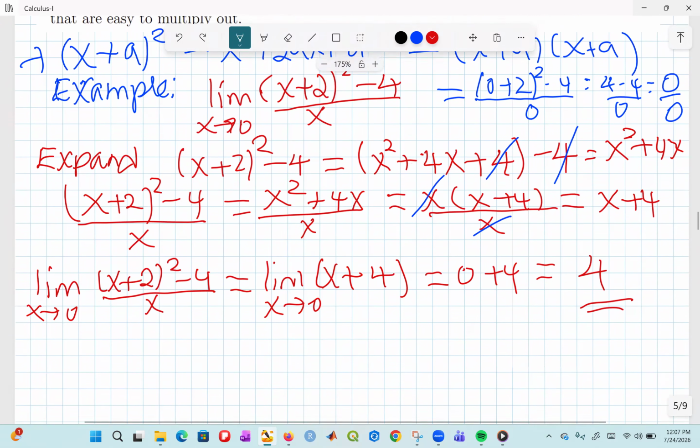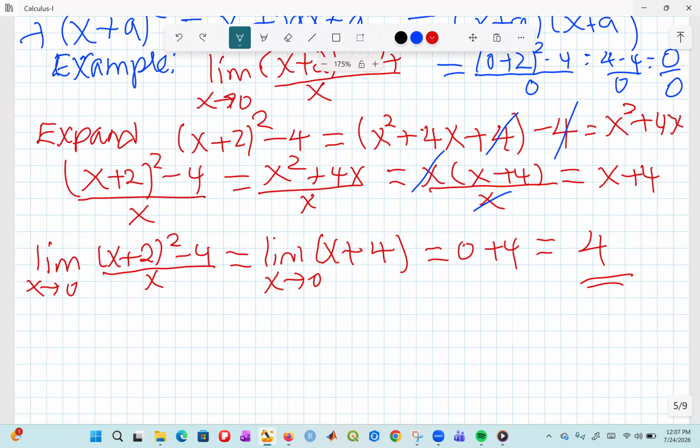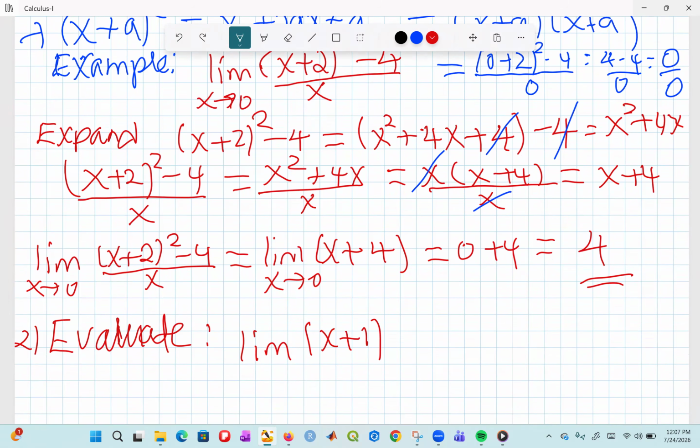Now exercise for you. Number 2. Evaluate the limit of x plus 1, x plus 3, minus 8 over x minus 1 as x approaches 1.